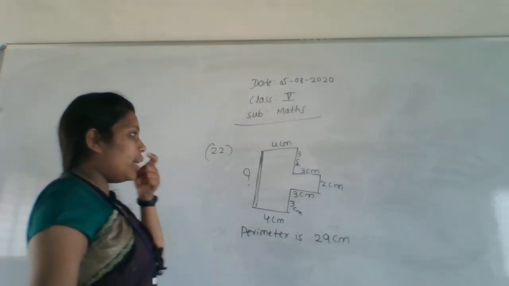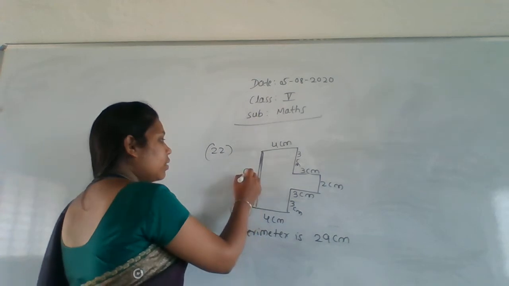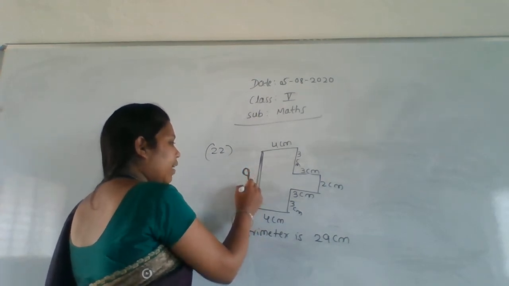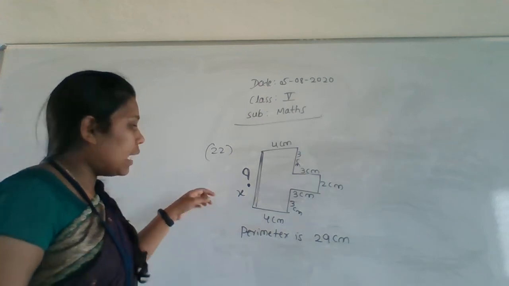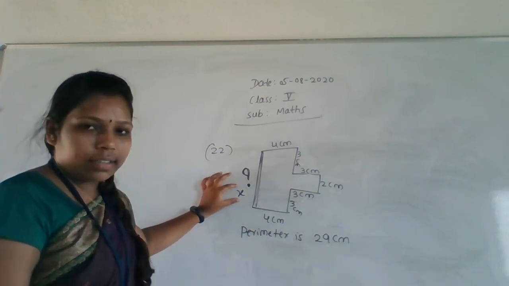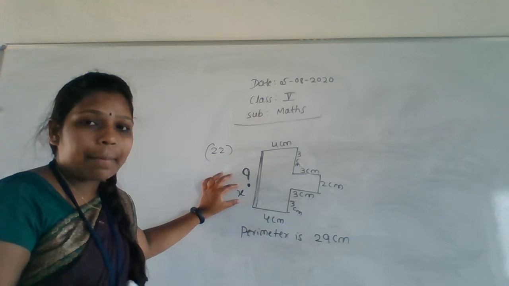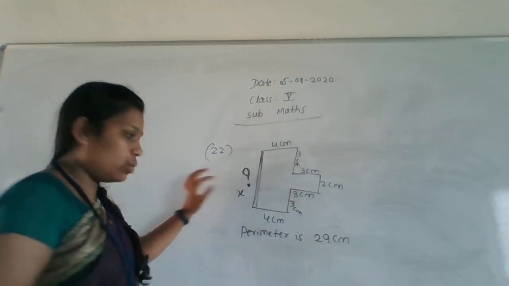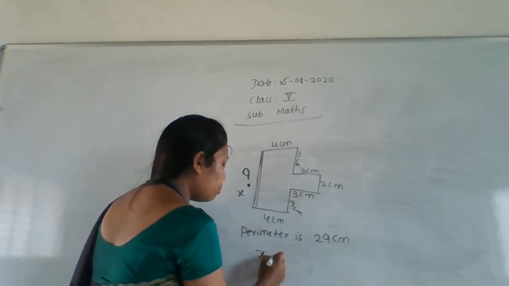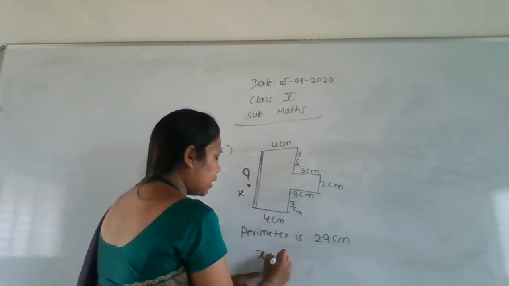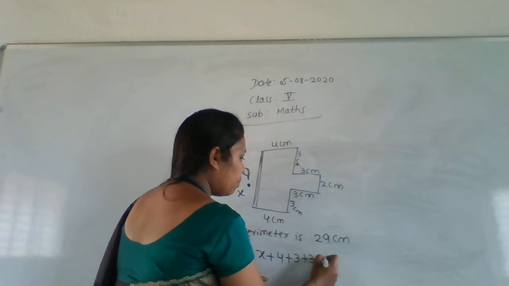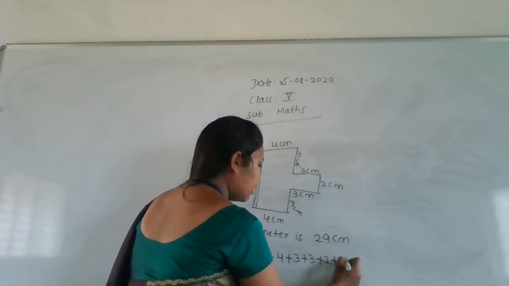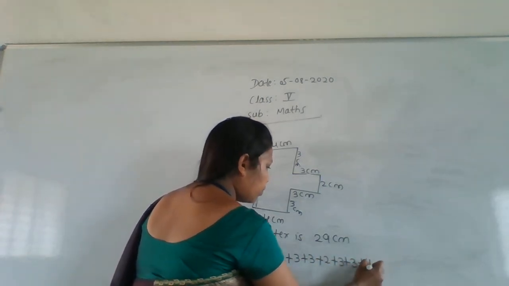Okay, so perimeter is 29 centimeter they have given here. So now I am going to add all the values here. The value we are finding will be taken as x. They have given a question mark here, right? I am taking that value as x. Okay, now I am finding the x value. So x plus, add all the sides: 4 plus 3 plus 3 plus 2 plus 3 plus 3 plus 4.